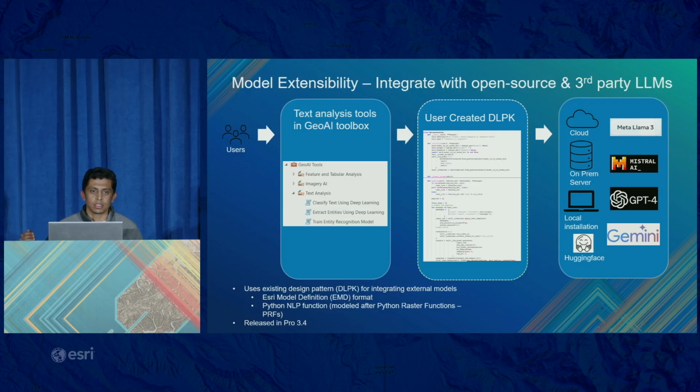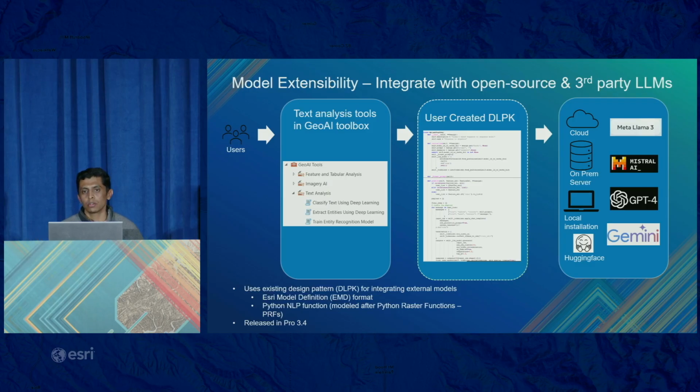And from then onwards, since there are so many new models being released, we are not able to catch up with the pace. We are not able to provide the deep learning packages for each one of those. So we are now opening up that opportunity to create those deep learning packages to you as users yourselves.